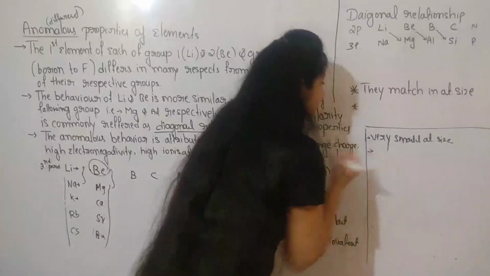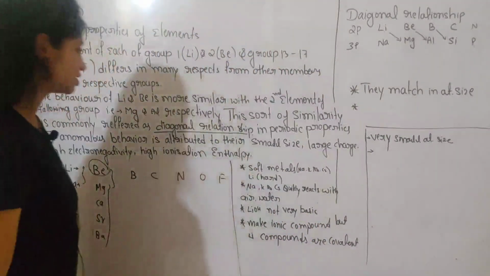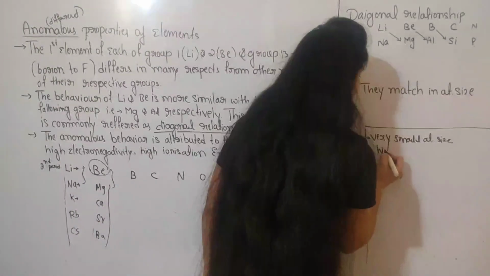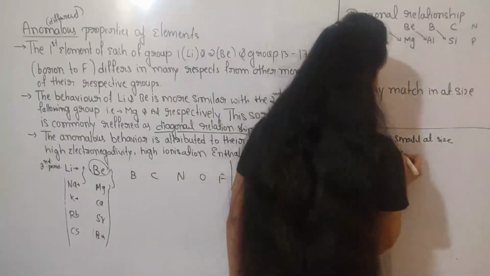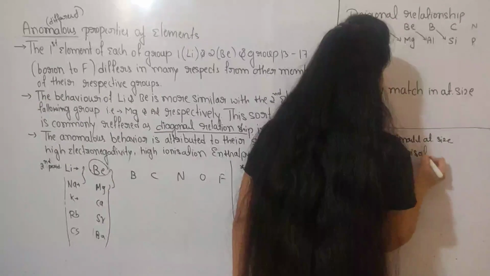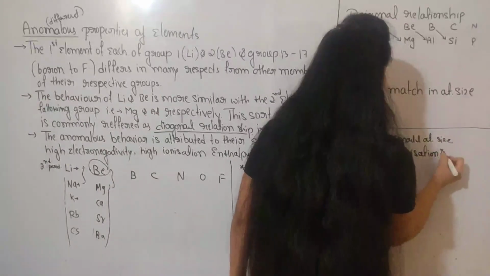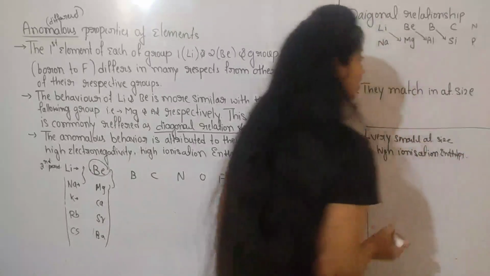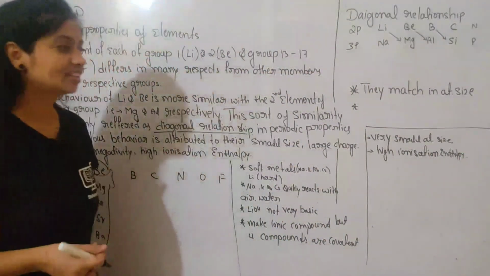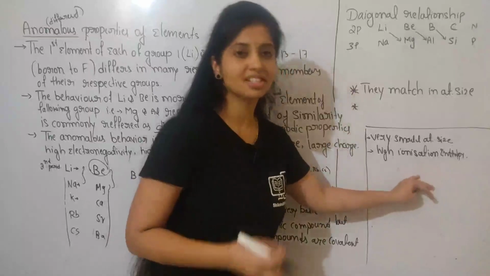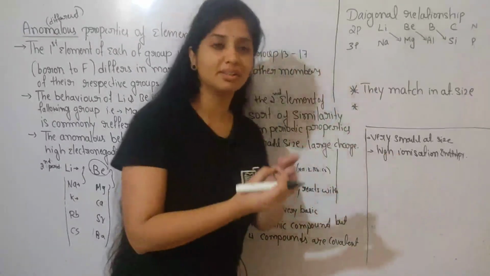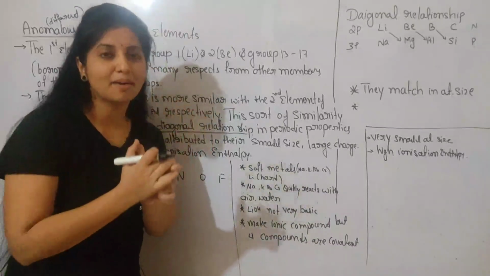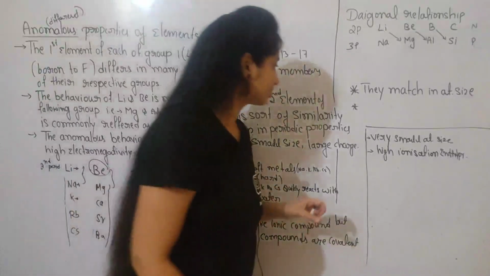The next reason why they show anomalous properties is that they have a high ionization enthalpy. So what is the meaning of high ionization enthalpy? You already know that ionization enthalpy means the energy required to remove an outermost electron from an atom.